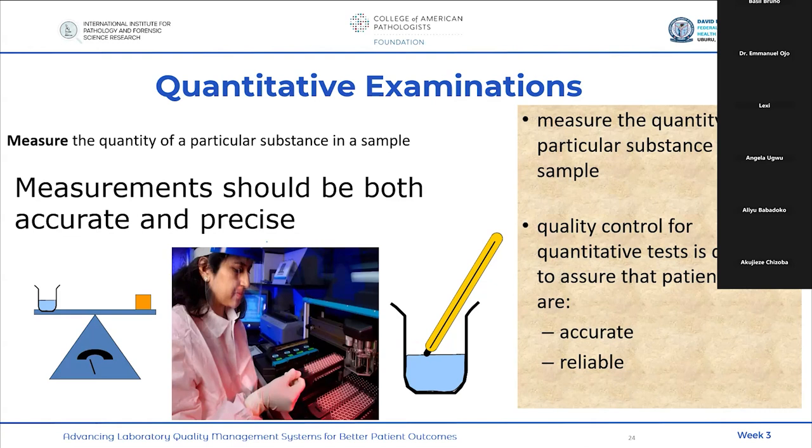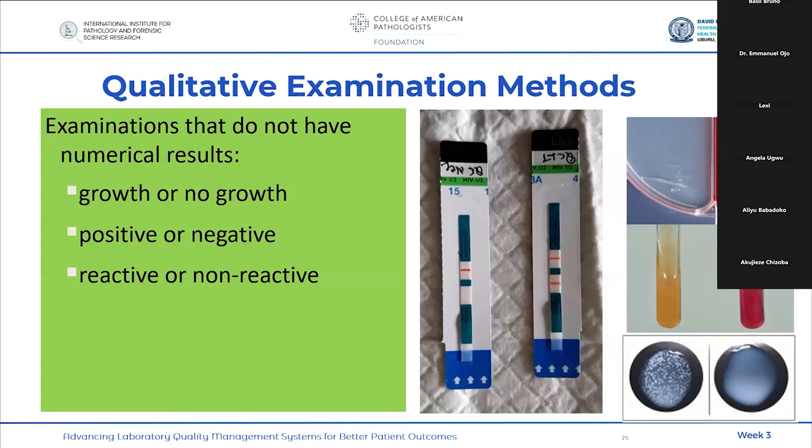We are going to see a definition or interpretation of accuracy and precision in some other slides. The QC for quantitative tests is designed to make sure that the patient results are both accurate and reliable.